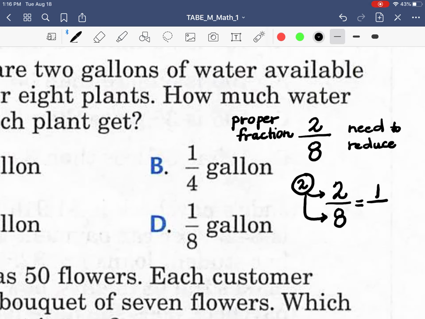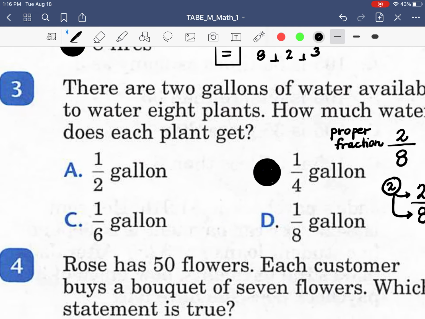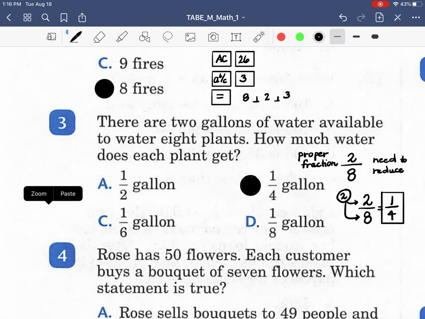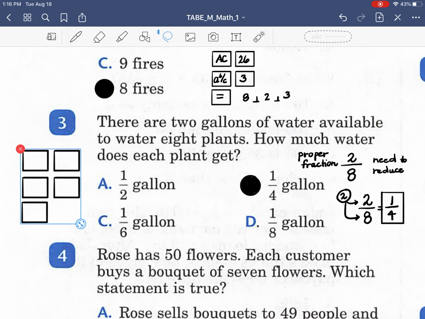So 2 into 2 is 1 time, and 2 divided into 8 is 4 times. And that's the answer that we're looking for. They have reduced it to lowest terms. So 1/4 of a gallon per plant. Now those of you who have the calculator, you're lucky.